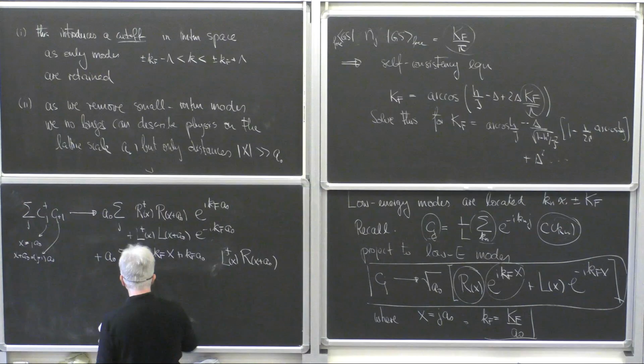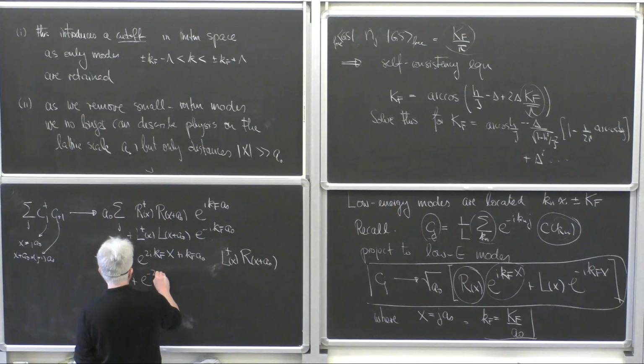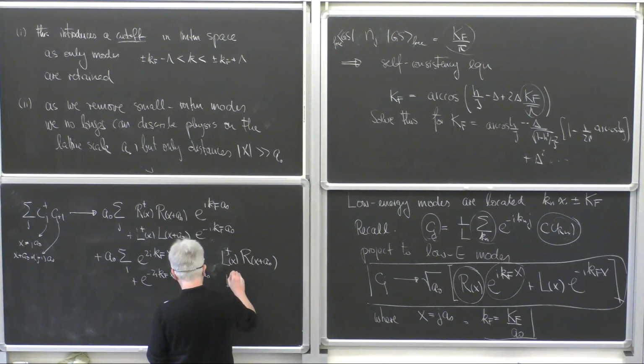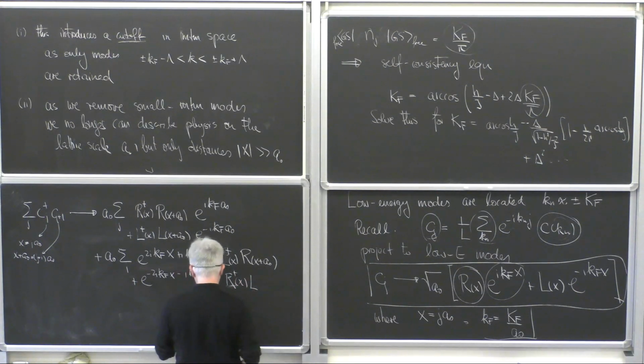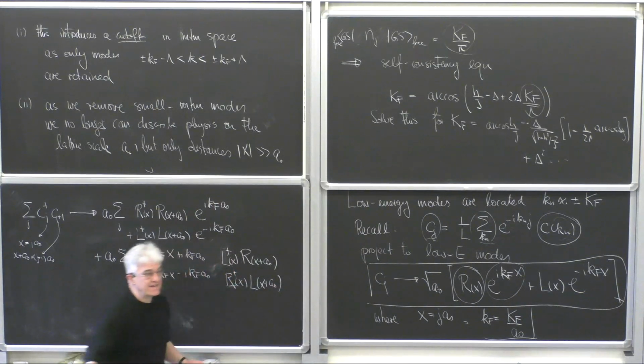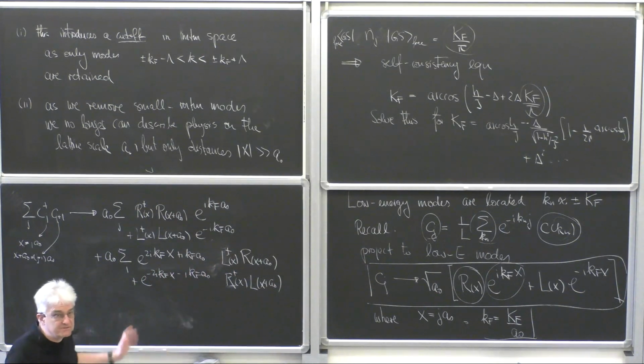And I have one more, plus e to the minus 2i k_F x minus i k_F a₀, R dagger of x, L of x plus a₀. So that's what I get by just multiplying out. That's all I've done. All right?